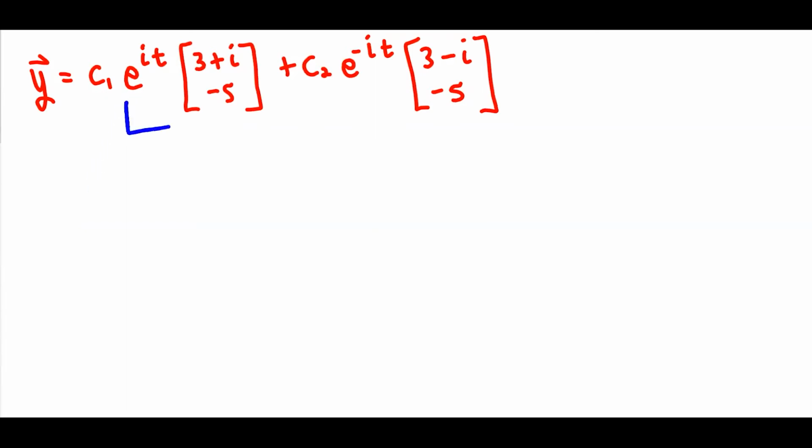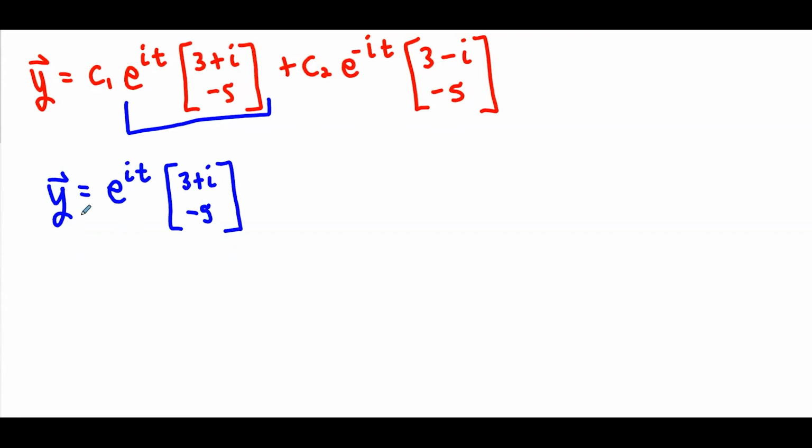So if we just look at this part of our solution, we'll call this y equals e to the it times the vector 3 plus i, negative 5.